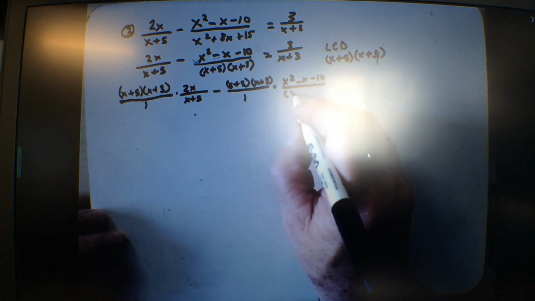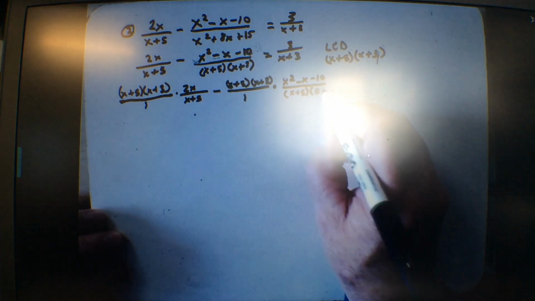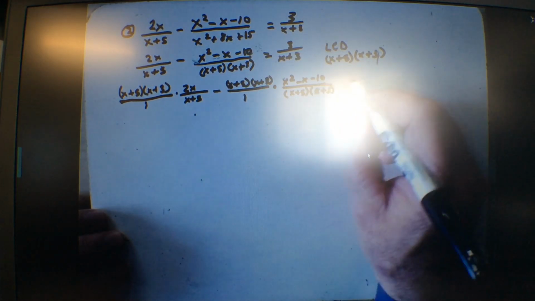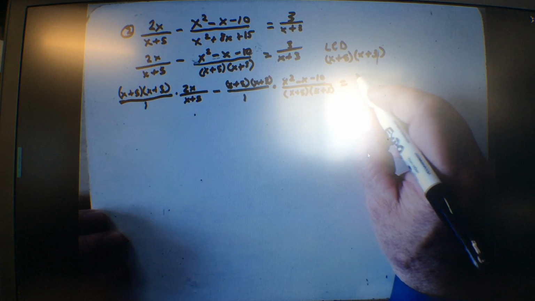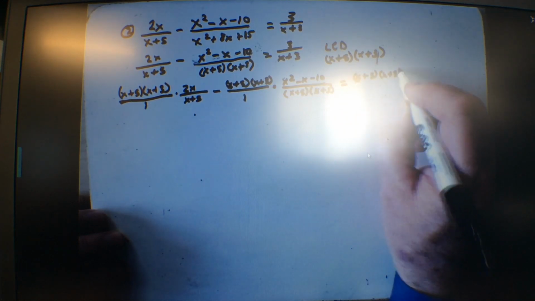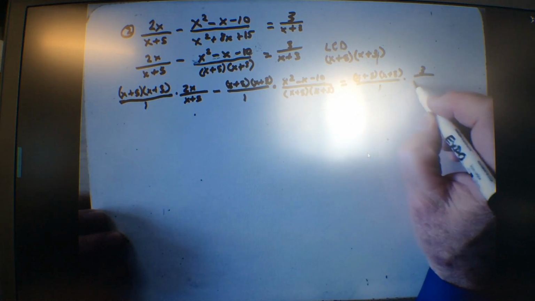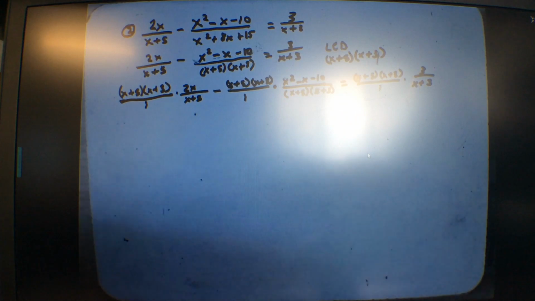You know what I'm saying? Yeah, because it's just easier to work with. And then I got to multiply it by the right side also. Okay, it's a lot of writing. I understand that. I just think it works better if you do it like that.